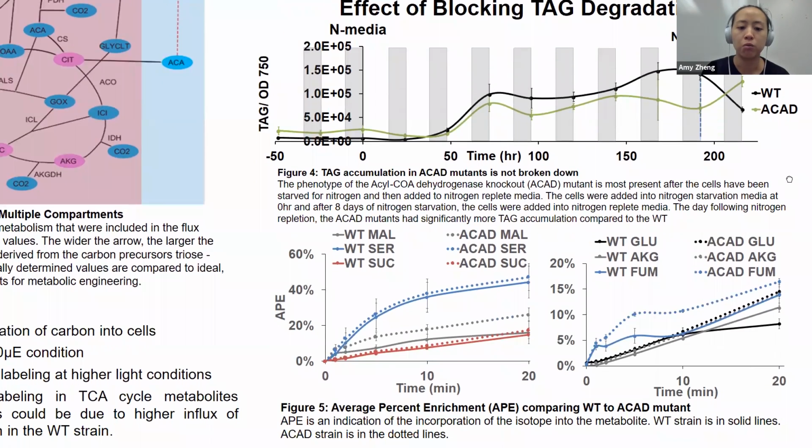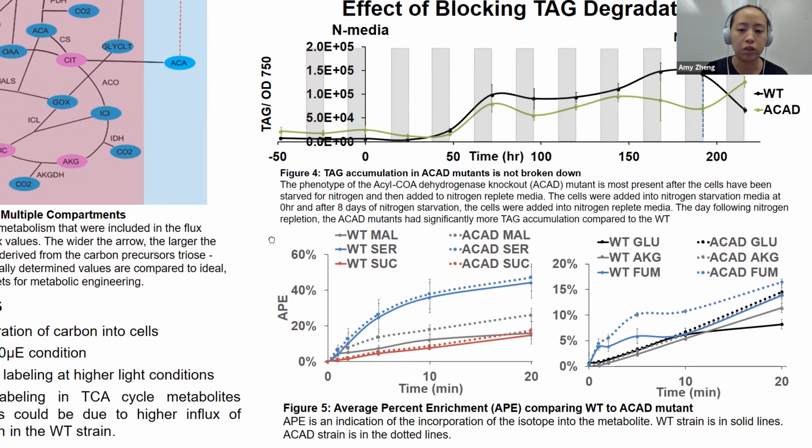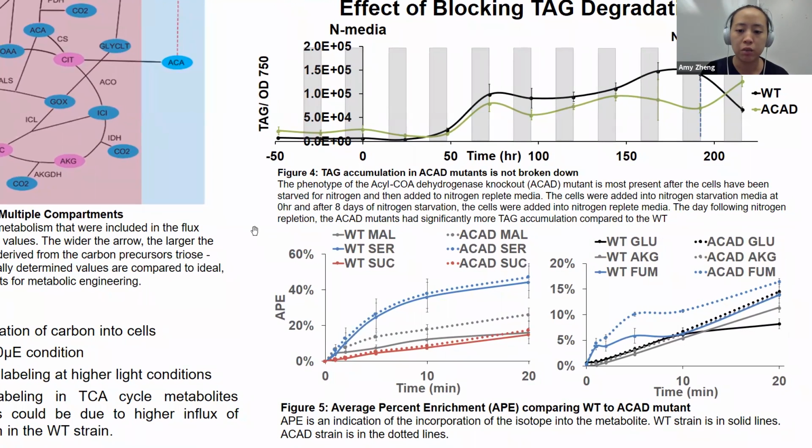And so when we look at the average percent enrichment data, we have malate, serine, and succinate over here. Some of the amino acids are not statistically different. So malate, serine, and succinate between the two cases is not statistically significant.